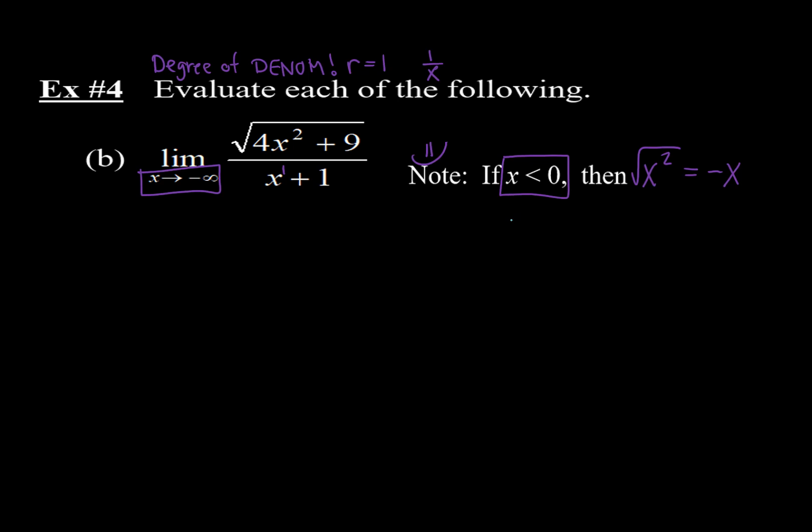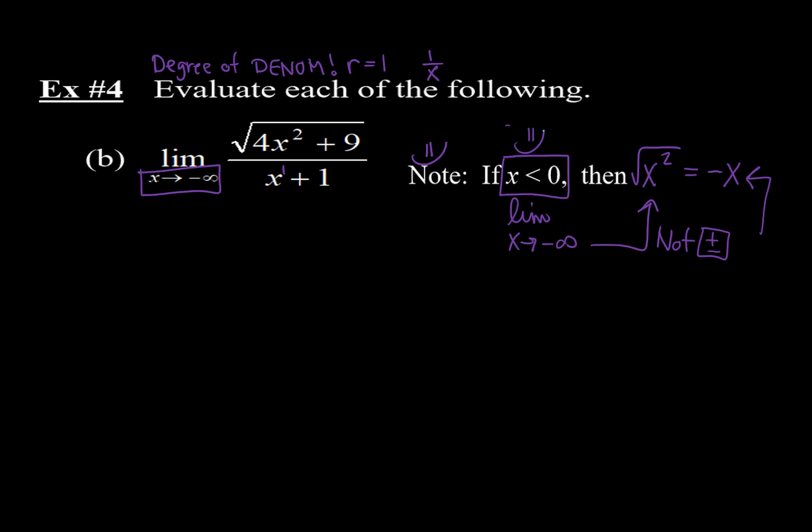Well, I'm approaching negative infinity. Since I'm approaching the limit of negative infinity, if I have to take the square root of anything, I am actually not going to use the plus or minus, but I am going to use the negative because they said it was negative.